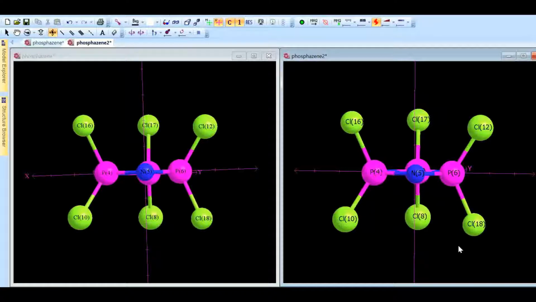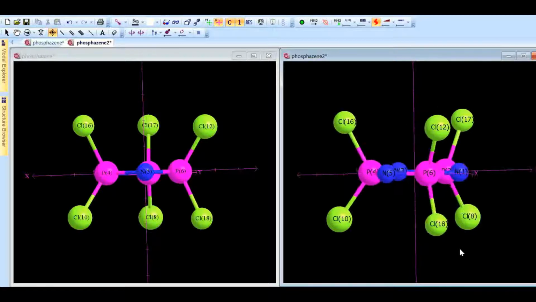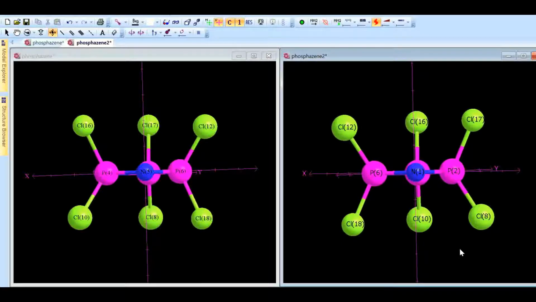Now I have to perform the improper rotation. So I will first rotate it by an angle of 120 degrees. What happens when I rotate it by 120 degrees? The N1 will occupy the position of the N5, and otherwise you will see that the appearance remains the same. Don't bother about the numbers that we have given, because in actual molecules there are no numbers.